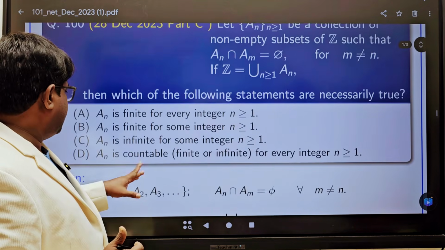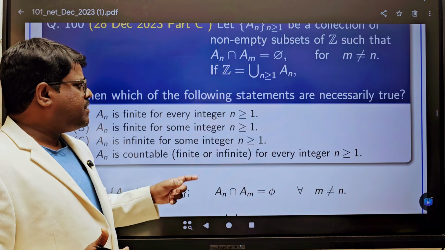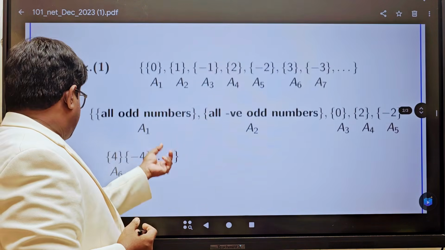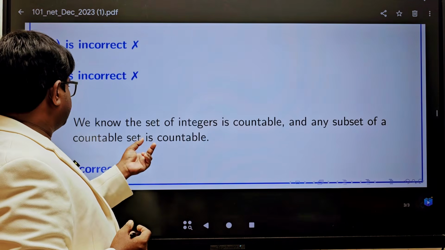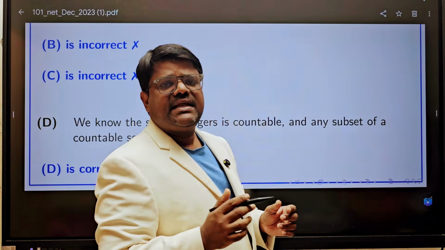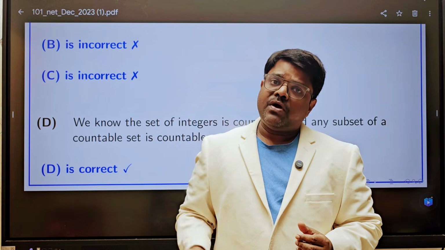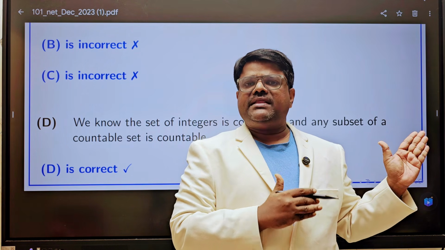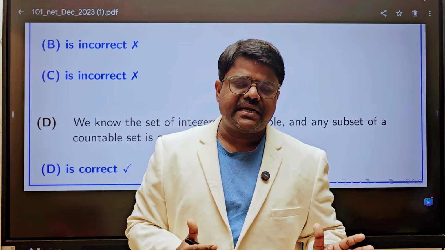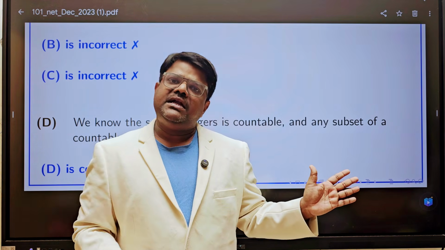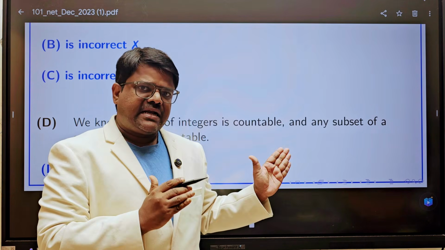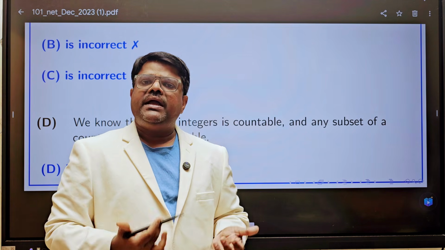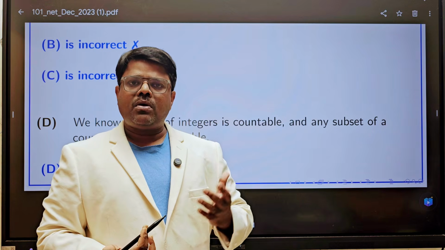Option D: An is countable, finite or infinite, for every integer n greater than or equal to 1. Yes, we know that. We know that the set of integers is countable, and we also know that any subset of a countable set is also countable, because these are standard results.